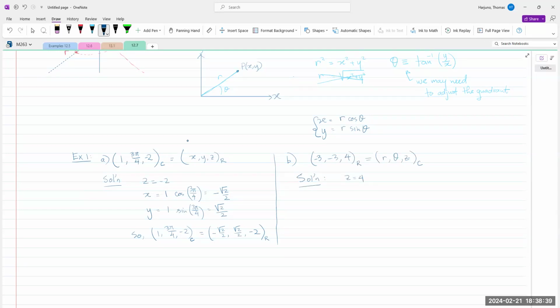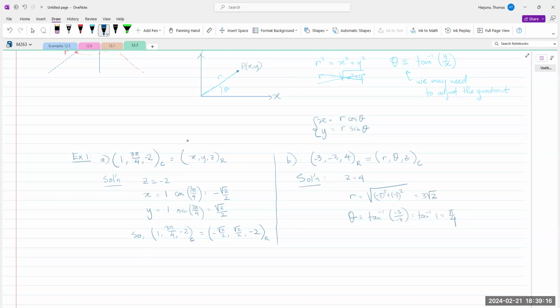The problem is, what is my r? My r will be the square root of (-3) squared plus (-3) squared. That is 3 radical 2. And the theta is equivalent to tangent inverse of y over x. That's tangent inverse of 1. That's pi over 4.